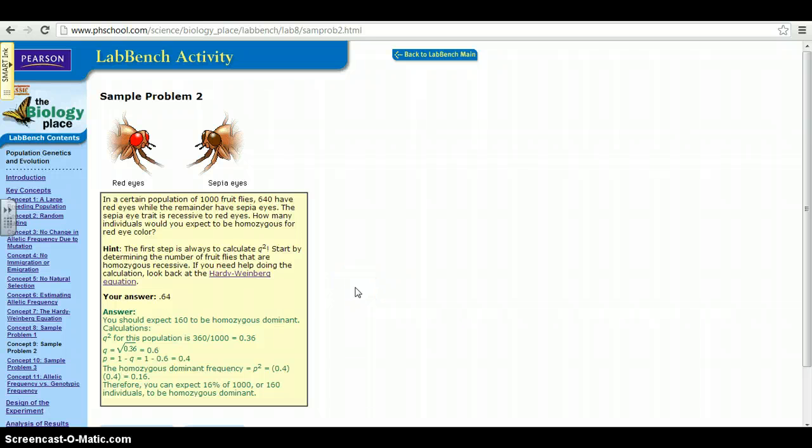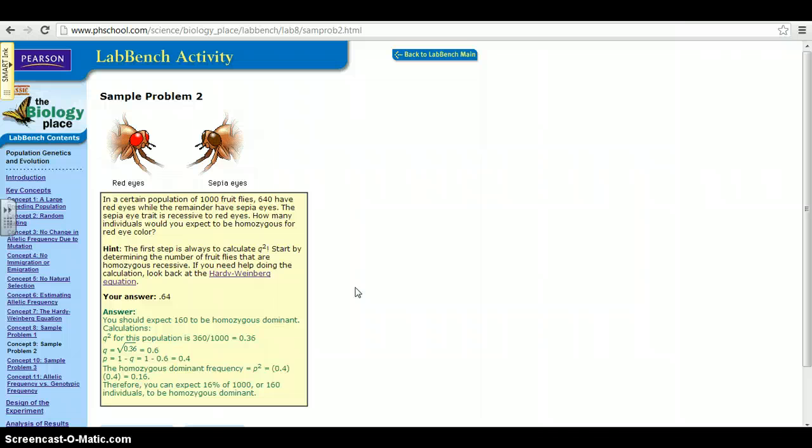Here we've got a population of 1,000 fruit flies. Some have red eyes and some have sepia eyes. 640 flies have red eyes, and sepia, it tells us, is the recessive trait. How many individuals would you expect to be homozygous for the red eye color trait? In all of these problems, the very first step is always to calculate q squared.